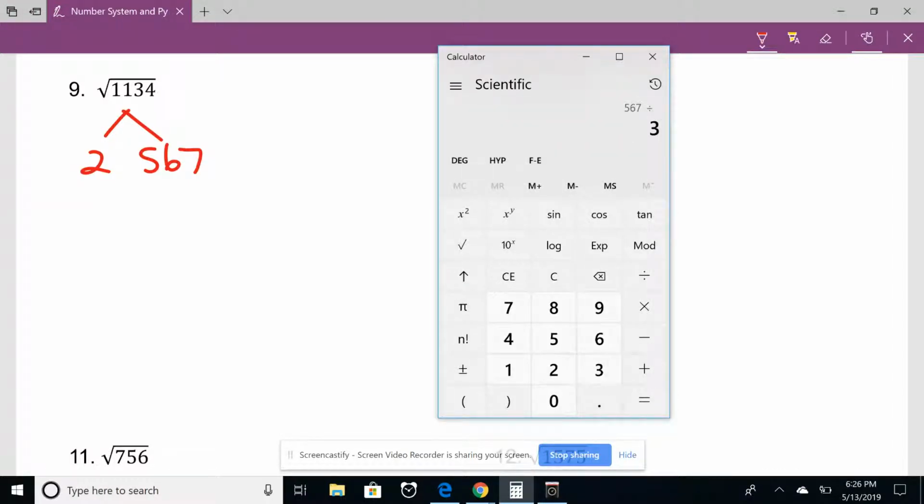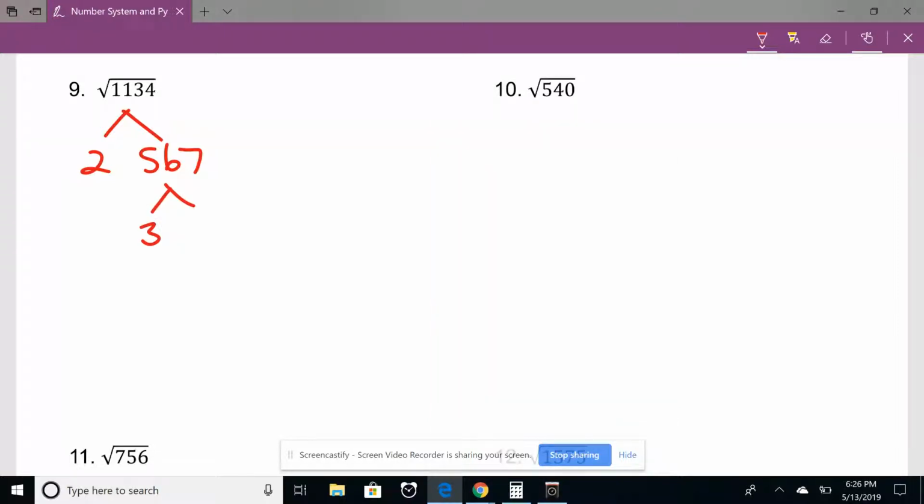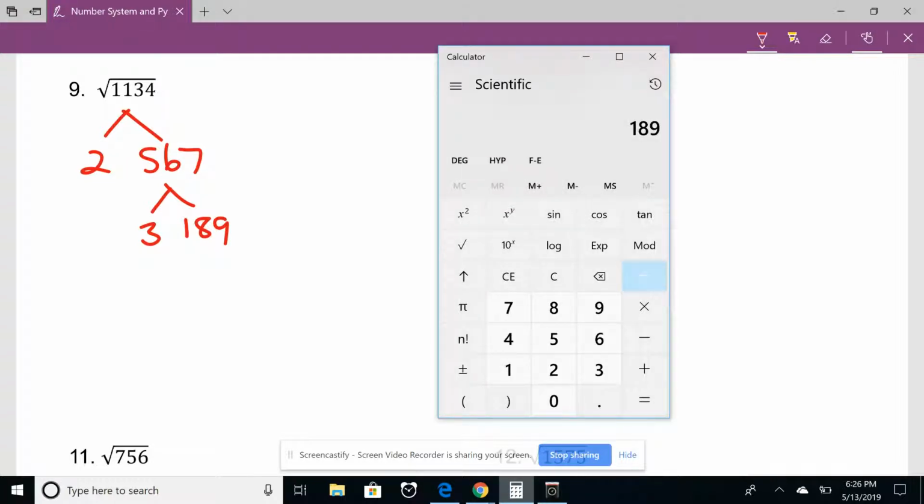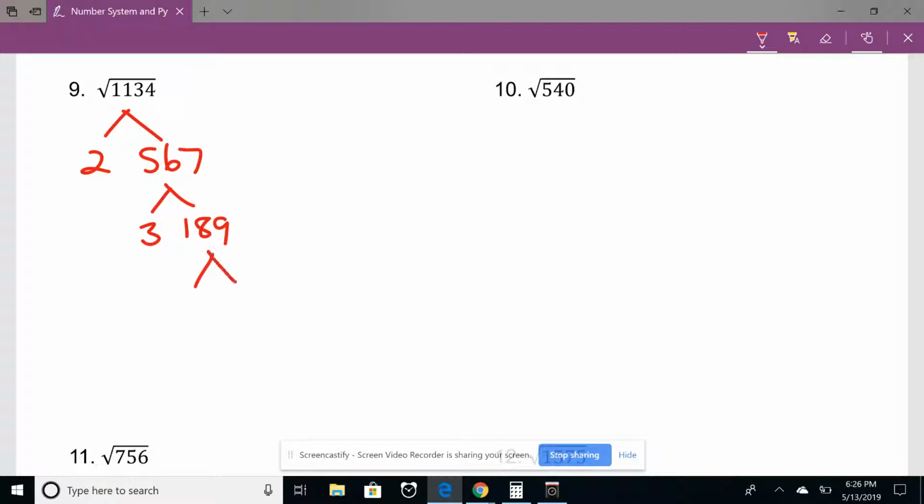Let's try to divide by 3. Okay. 3 and 189. All right. Let's try to divide that by 3. Okay, it's 3 and 63. All right, now I'm getting to my times tables. 9 and 7. 3 and 3. 7 you can't break down any further.